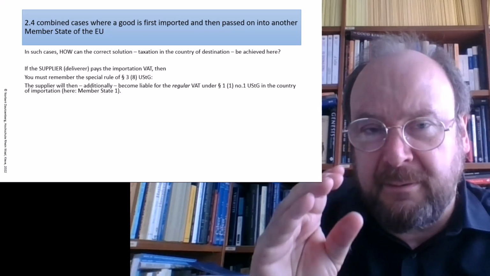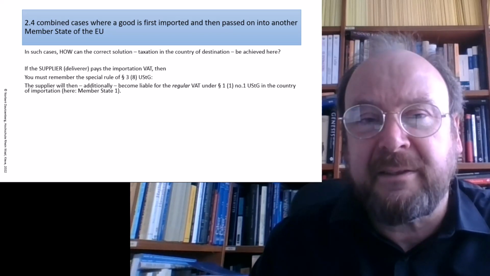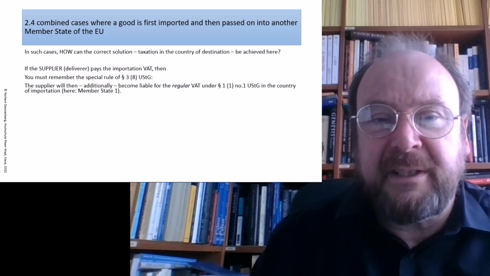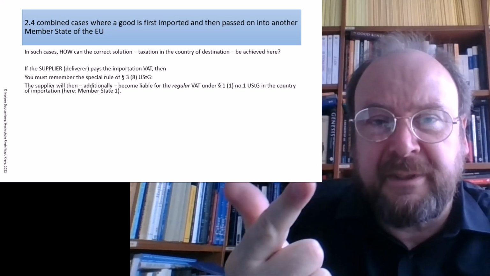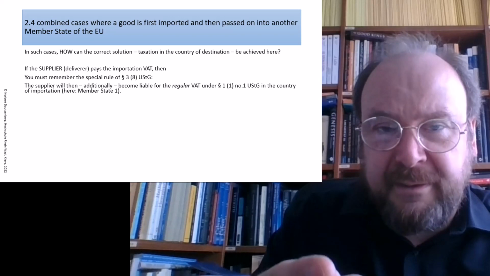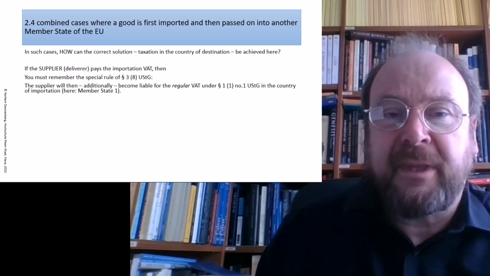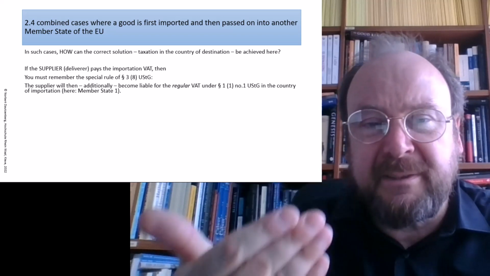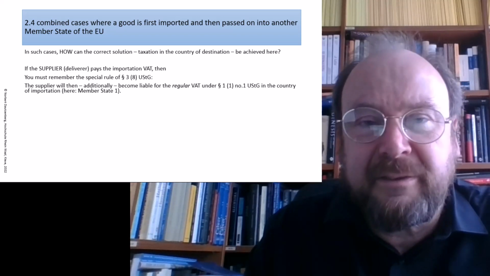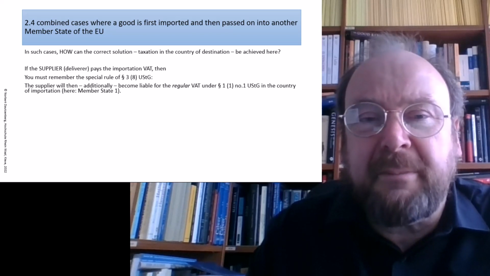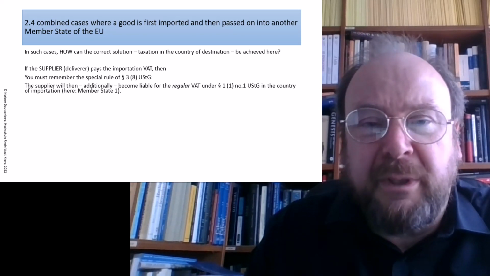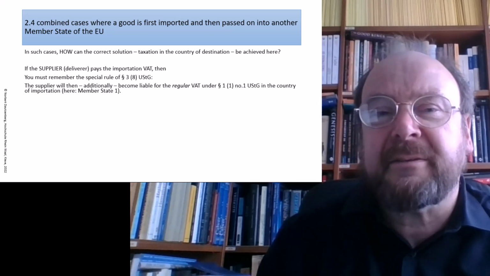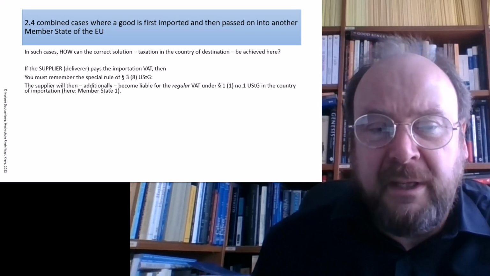So that is the number for which you have to hand in a tax declaration to the fiscal office, because our deliverer is an entrepreneur, acts within his enterprise for consideration because he demands a price, delivers a good, and the place of that delivery is by legal fiction placed in the country where the importation takes place, so in member state 1. So number one is fully fulfilled. The deliverer is taxable, has to hand in a tax declaration for that delivery.